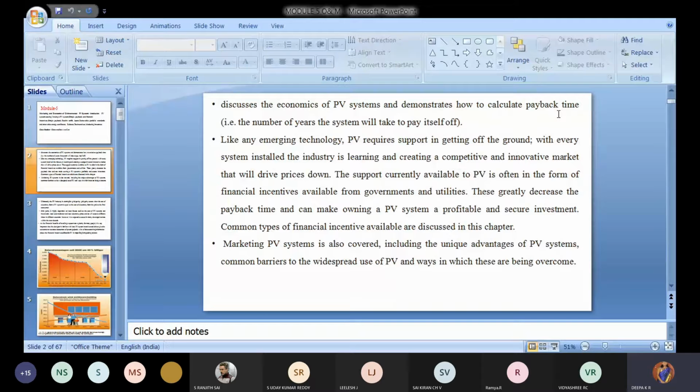We'll see. Like an emerging technology, PV requires support in getting off the ground. With every system installed, the industry is learning and creating a competitive and innovative market that will drive prices down. In the market, if only one product is available, of course we all will go and take it, as it is the only availability.